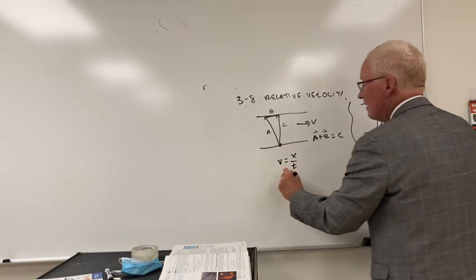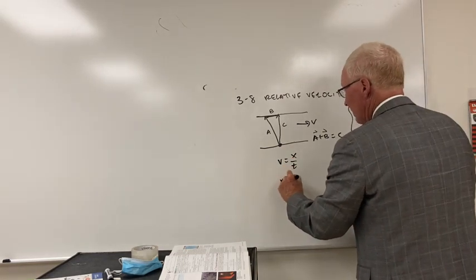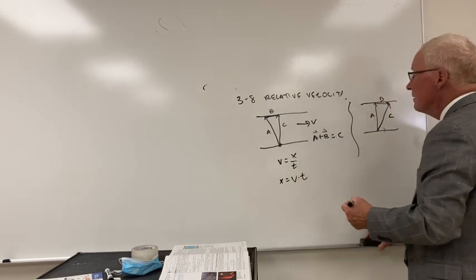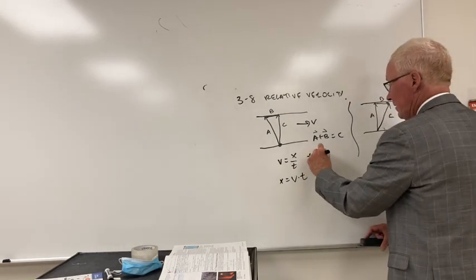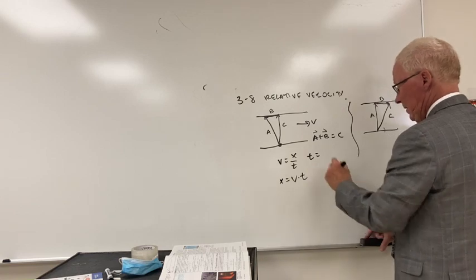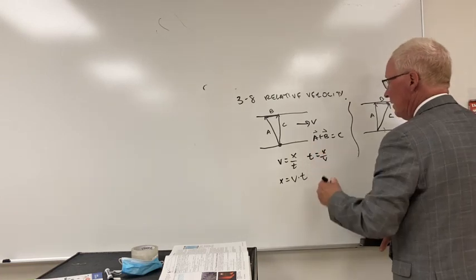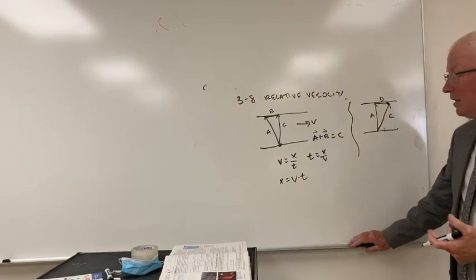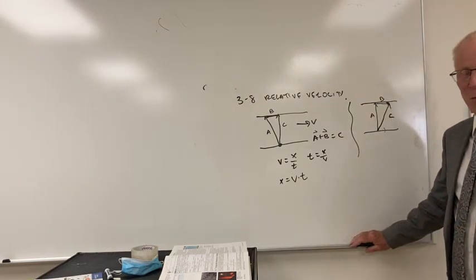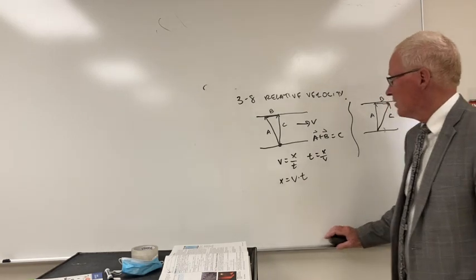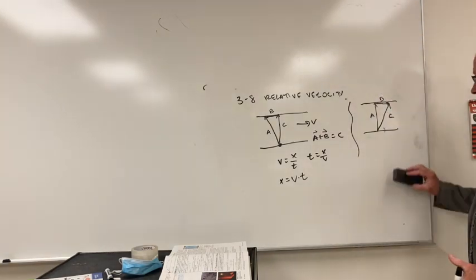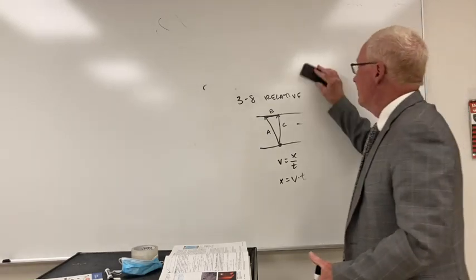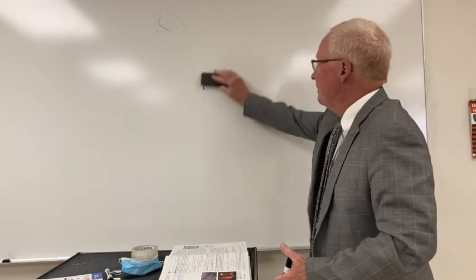So X will be velocity times time, or time is distance over velocity. That's the relationship between all three of these. So that's chapter 3 as far as the test is concerned, with possible problems related to that.